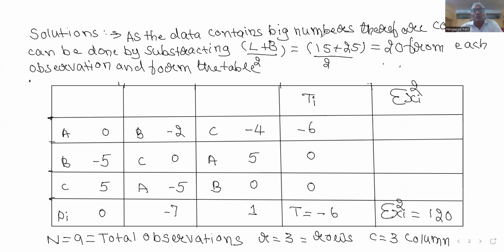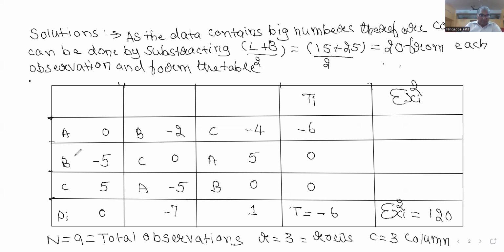That is why we are using the coding method to do this problem. The coding can be done by subtracting the (lowest number plus biggest number) divided by 2. The lowest number is 15, the biggest number is 25. 15 plus 25 divided by 2 is 20. Subtract 20 from each reading and form the table.